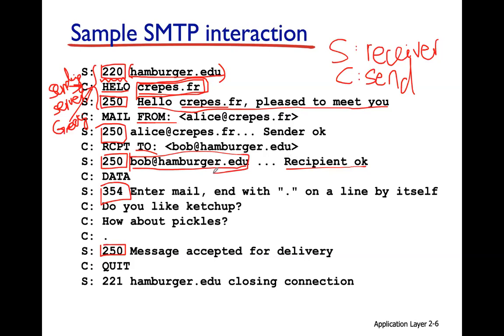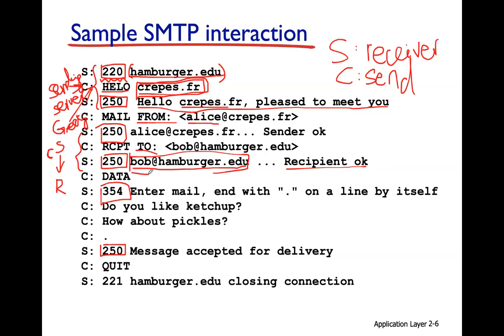This means that my connection is okay. This is for the specific sender and the specific receiver. The specific sender is Alice and the specific receiver is Bob, and these two are both okay.